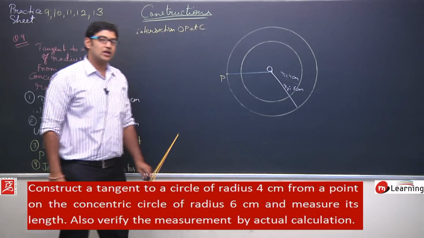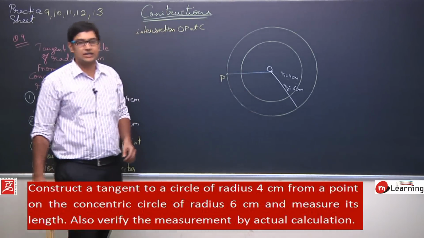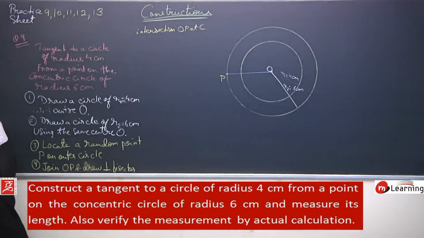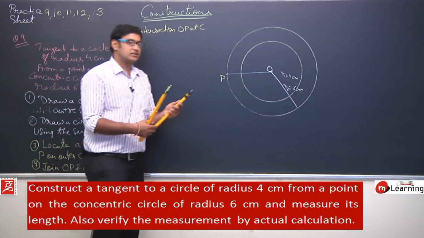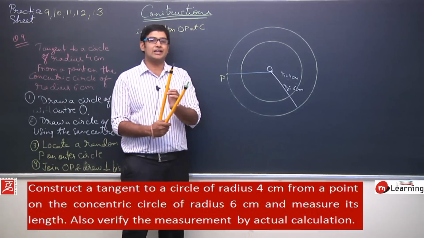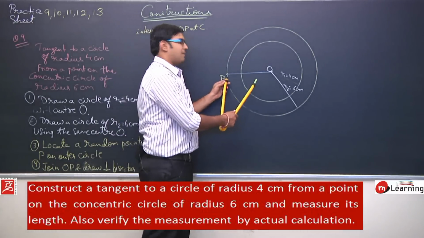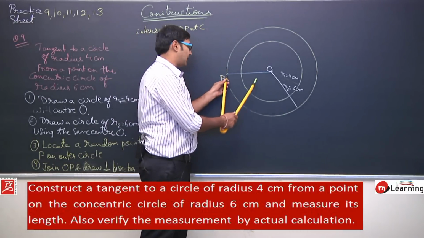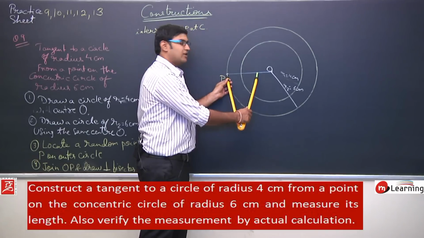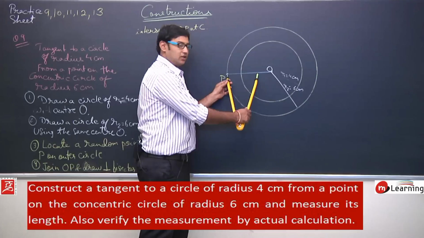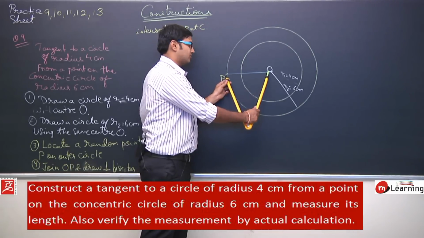This is OP. Now I will bisect this OP, that is, I will draw the perpendicular bisector of OP. How to draw the perpendicular bisector? I will take some radius which is greater than half of OP. I can put the needle of the compass at point P and measure a length which is more than half of OP. Randomly you can take any value. So let us say I take this much length.